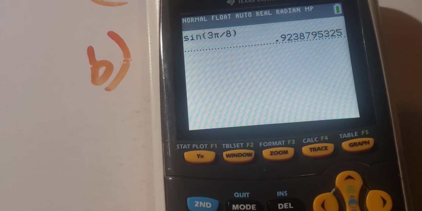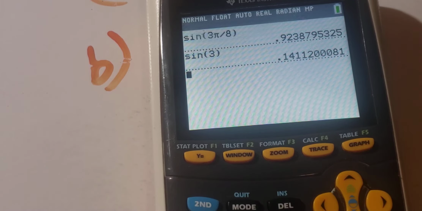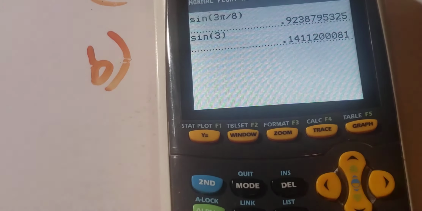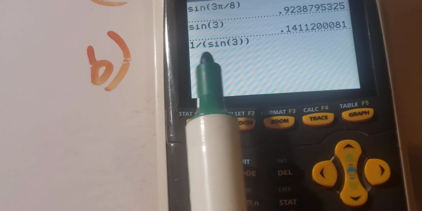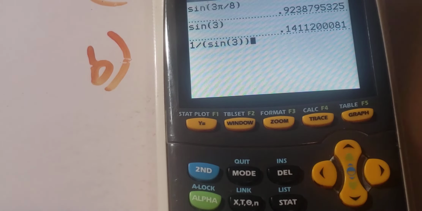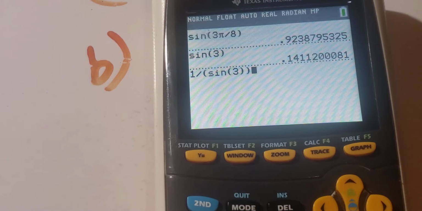Just do sine of 3 and you get this, but it's actually the reciprocal. Another way you could do it is press 1 divided by, and I'm going to put parentheses, sine of 3. The only reason I'm putting parentheses is to make sure that it divides it.